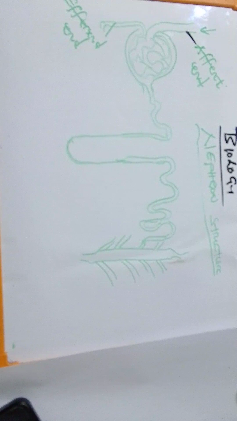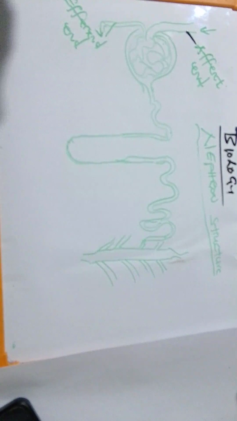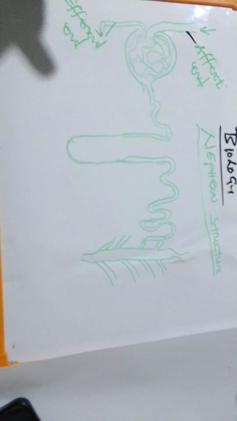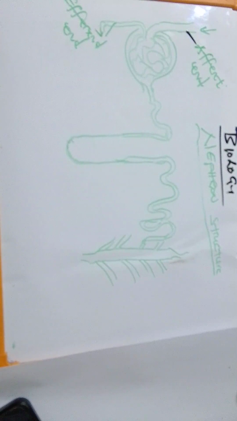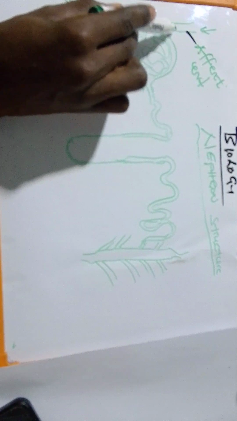The one which brings blood to the nephron is called the afferent, and the one which takes blood away is called the efferent. Because in the alphabet A comes before E, this is afferent. In terms of structure, they differ: this one is wider compared to this one, for a specific reason.